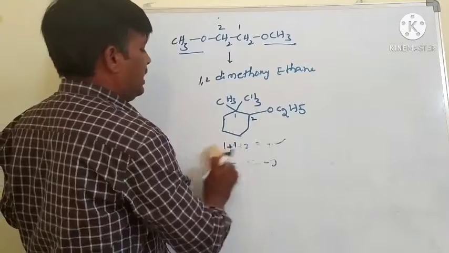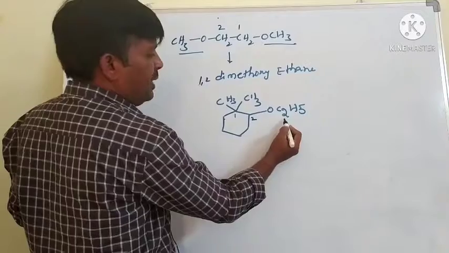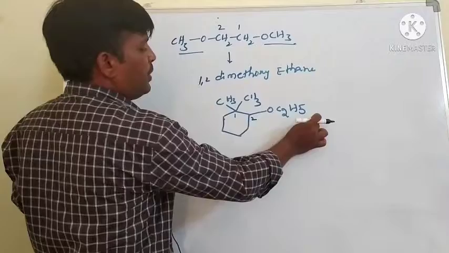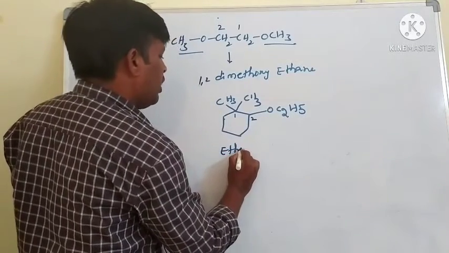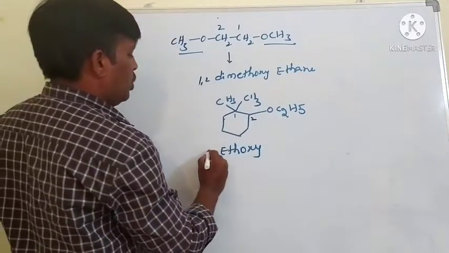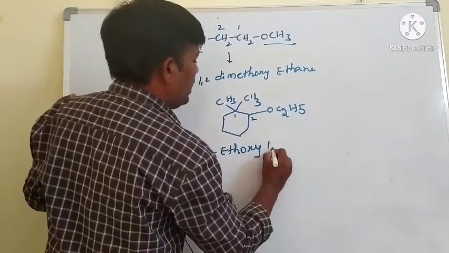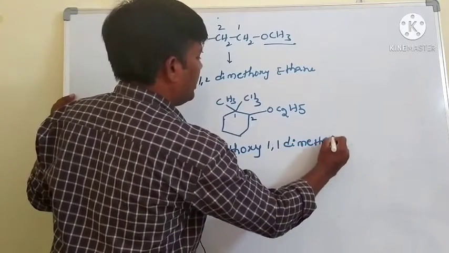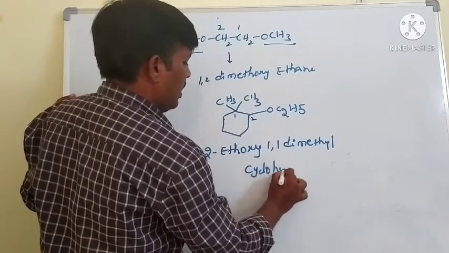What is the name of this compound? Which one is taken as the parent carbon chain? This is the parent carbon chain, and this is the substituent, which is ethoxy or ethyloxy. So it is 2-ethoxy-1,1-dimethylcyclohexane.